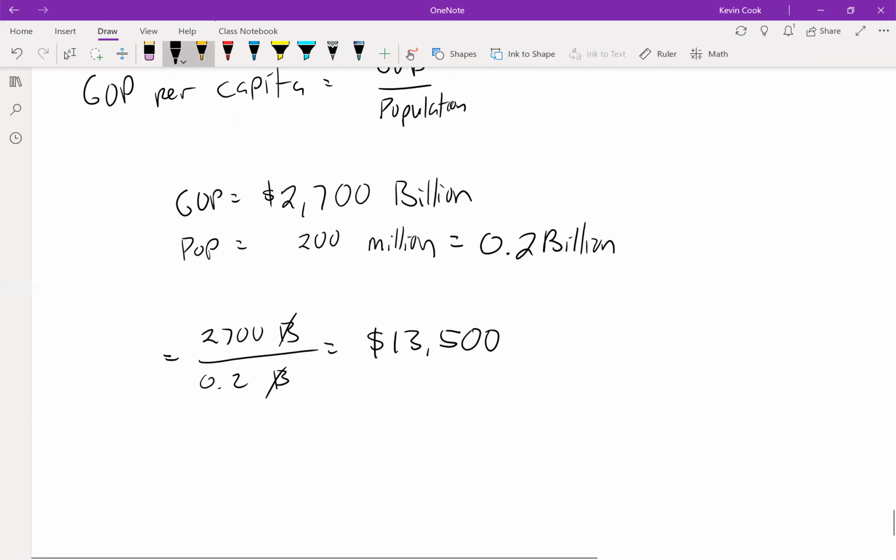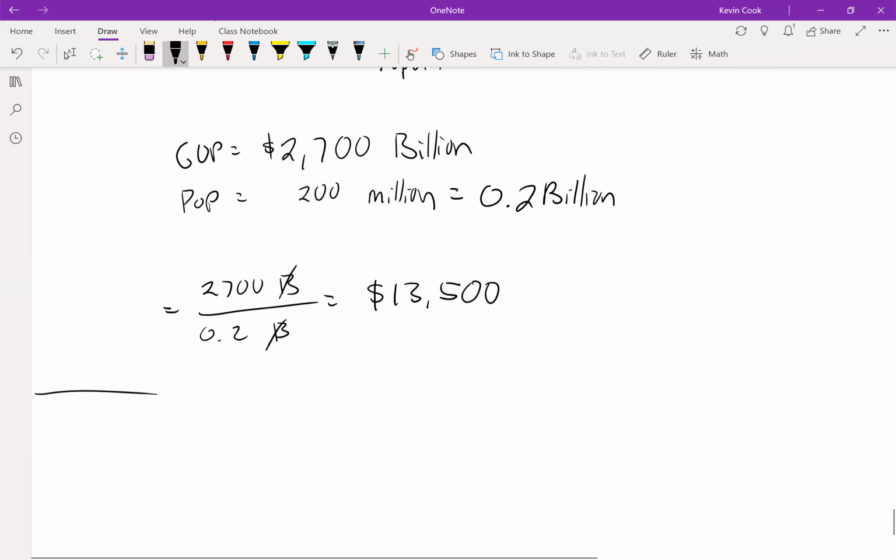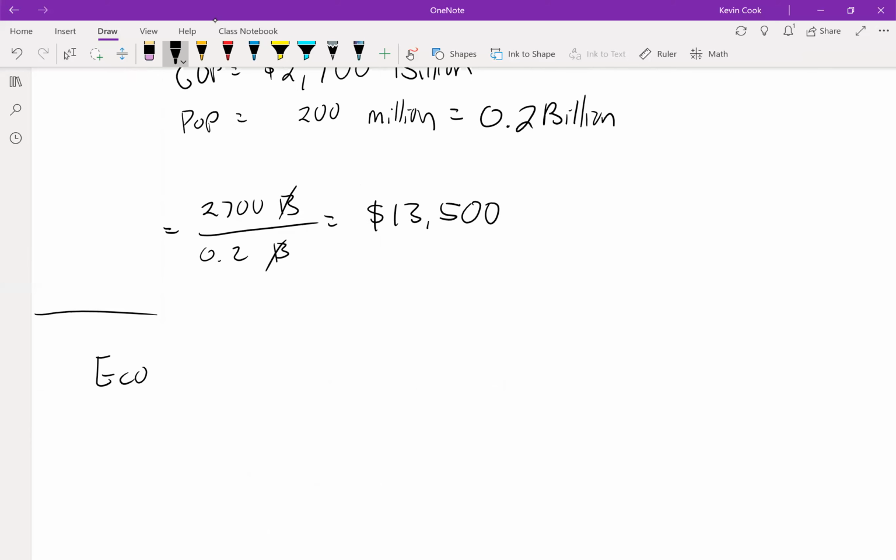So after GDP, we got into a talk on economic growth. And with this, as far as the test goes, it's a fairly quick part.